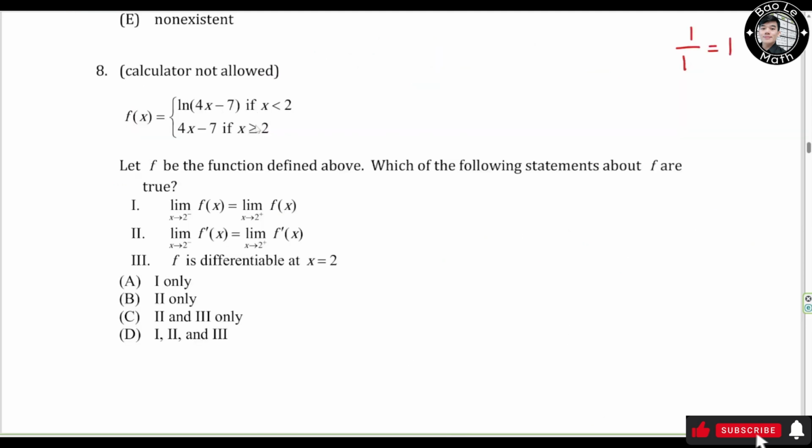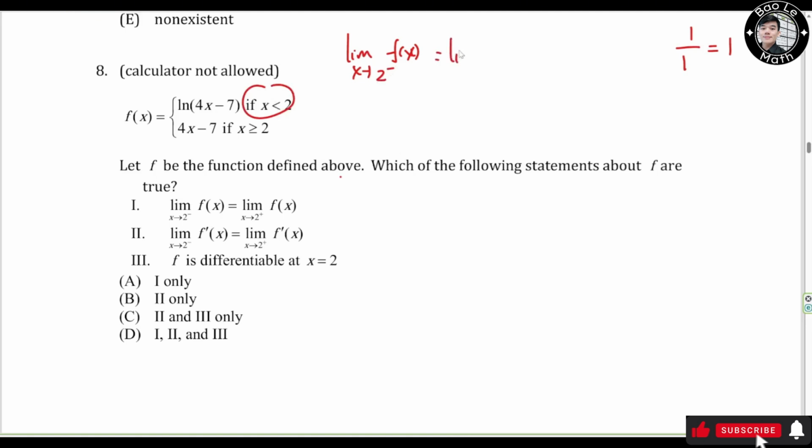Given the function f of s right here, let f be the function defined above. Which of the following statements about the function f is true? Alright, the limit of f of s when s approaches 2 minus equals the limit of f of s when s approaches 2 plus. So we need to find the limit of f of s when s approaches 2 minus, and we're going to use this piece right here, right?